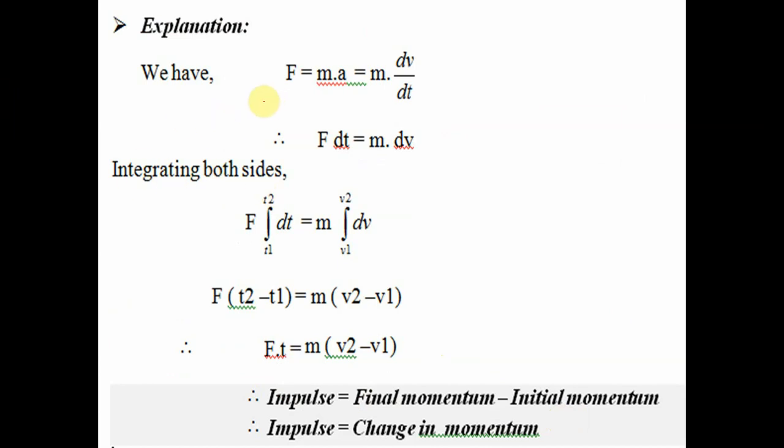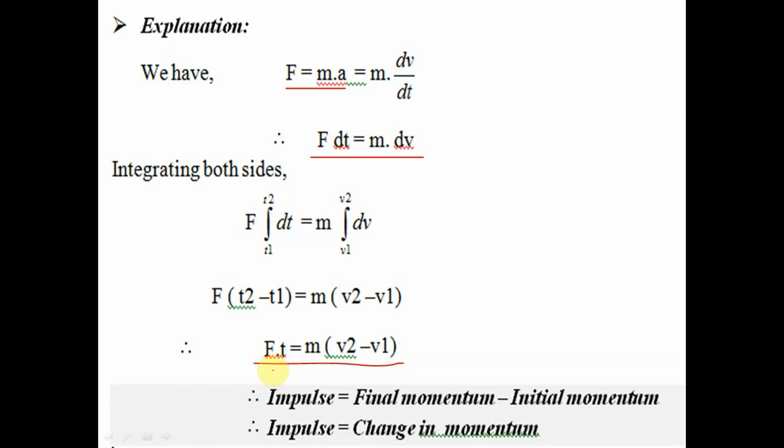So we know Newton's second law, F is equal to ma. For acceleration I am putting dv by dt. So this dt comes on this side, and we get F dt is equal to m dv. Now integrating on both sides, we get Ft is equal to m in bracket v2 minus v1.